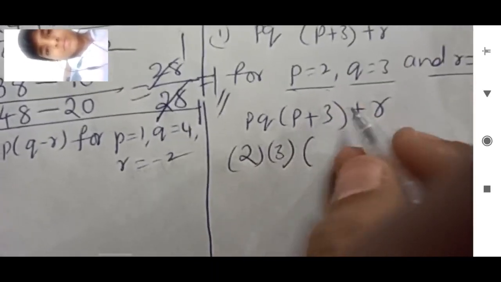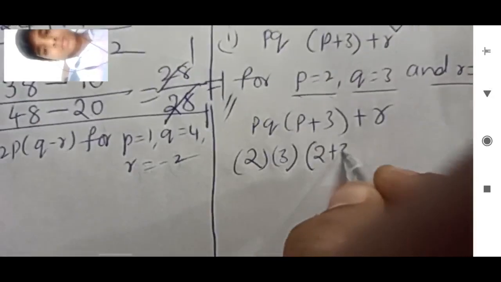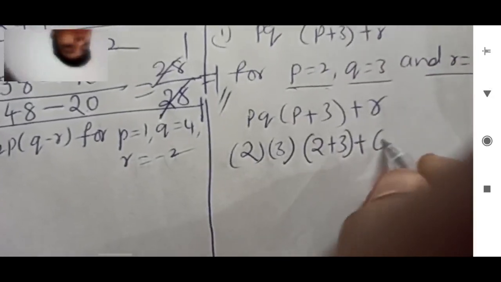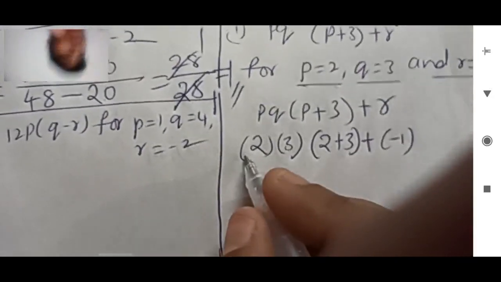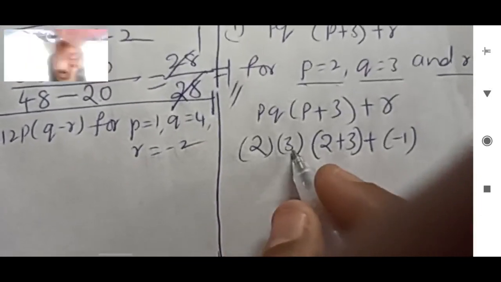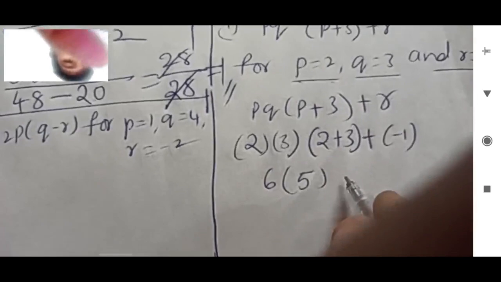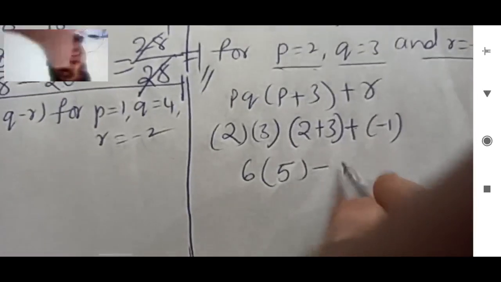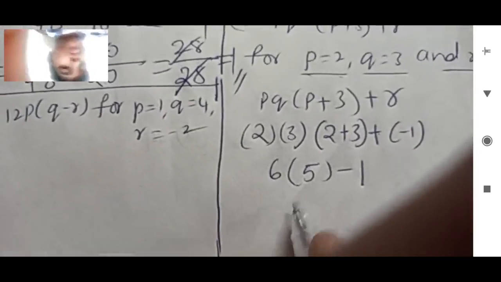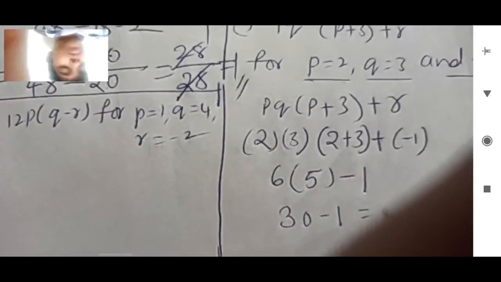P means 2 plus 3 plus R means -1. So just multiply these two. 3 2s are 6 into 2 plus 3, 5, plus into -1. 5 6s are 30 minus 1. What is the answer? 29.